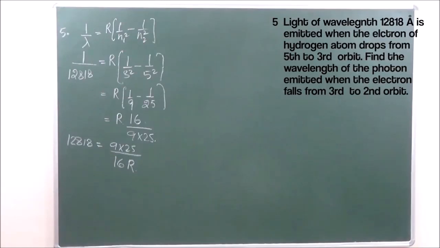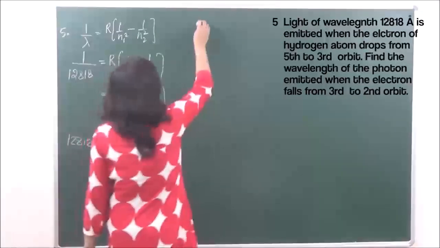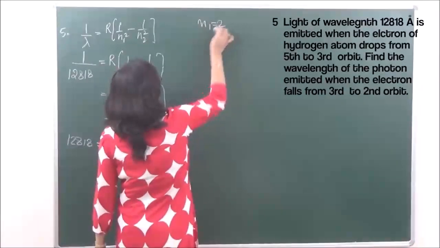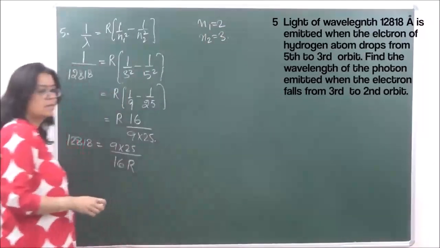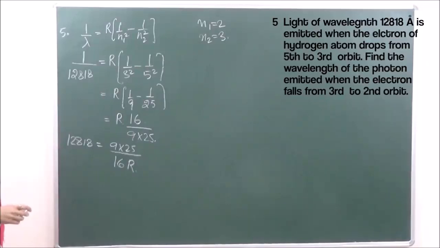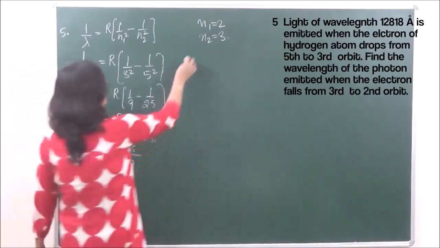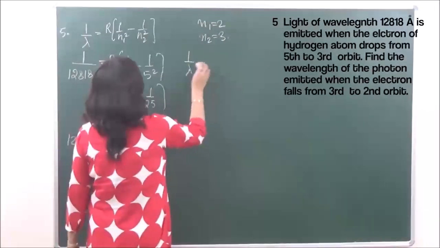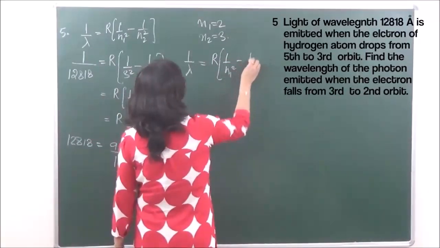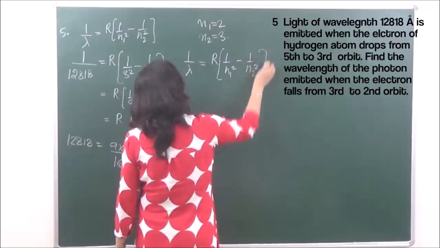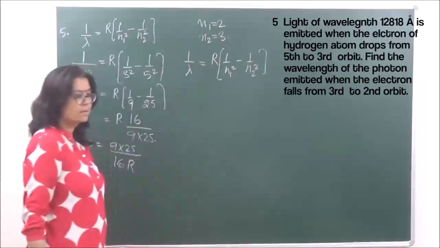For the second transition, n1 is equal to 2 and n2 is equal to 3. Lambda is not given to us over here, so we have to calculate lambda. We have 1 upon lambda equal to R into 1 upon n1 square minus 1 upon n2 square.